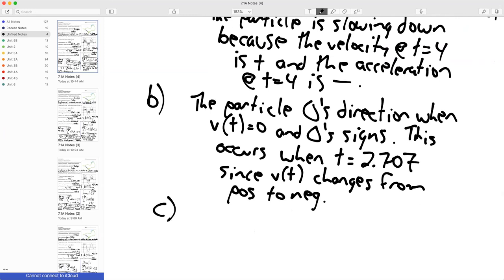Part C. Read me part C, please. Find the position of the particle. I knew they were going to ask me about position because they gave me an initial value. So position is initial value plus displacement. What is my initial value?